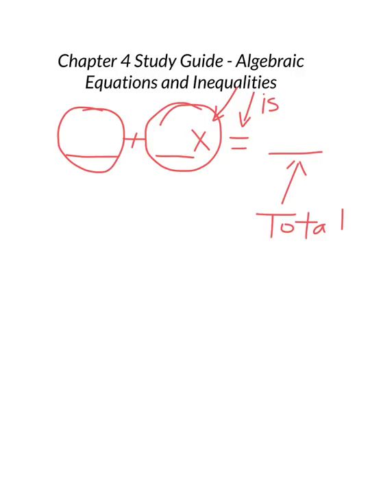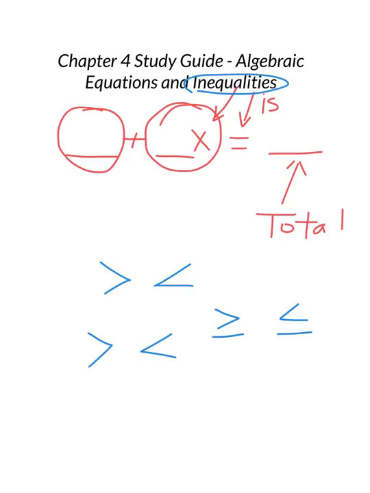When we're talking about inequalities, we're talking about symbols like this, and sometimes they're greater than, sometimes less than, sometimes greater than or equal to, or less than or equal to. When we have solutions that are inequalities, we have to graph them on a number line.